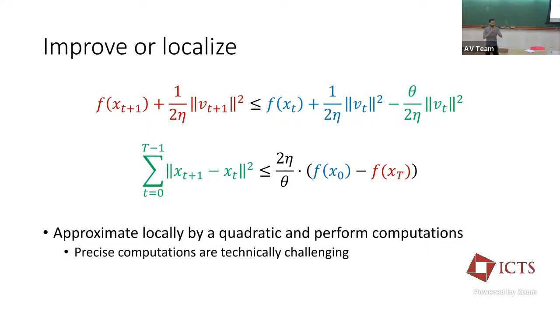Because we are guaranteed that the iterates are confined to the small ball, we can bound the errors between these computations and what would happen for the full function using the Hessian-Lipschitz condition. The precise computations are somewhat technically challenging, but overall this is the main idea behind the result.